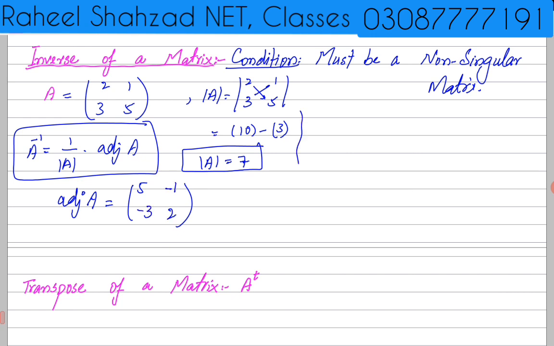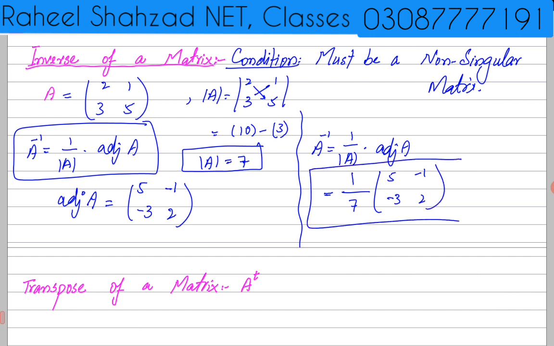So your inverse is ready, and the inverse is 1 over |A| into adjoint of A, that is 1 divided by 7 into [5, -1; -3, 2]. You can leave your answer here, or if you want, you can multiply the 1 by 7 inside the bracket, yes you can.